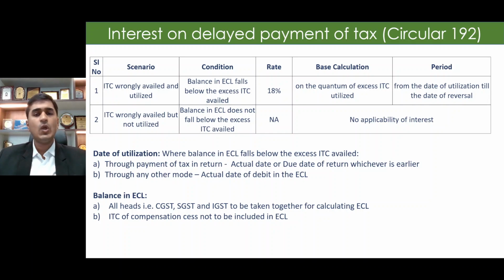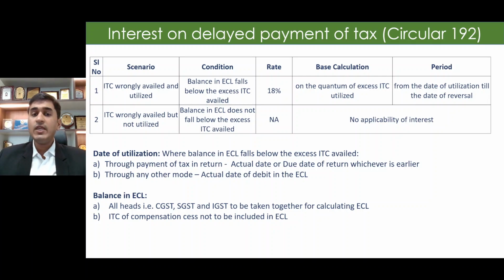This would be applicable to a lot of litigation scenarios which were arising, because the department had been asking assessees to pay interest wherever the balance was not there in the relevant head. So in such cases, we are going to see significant relief coming in. This would be a welcome step from the department and from the government.